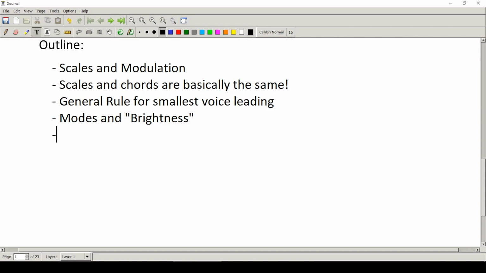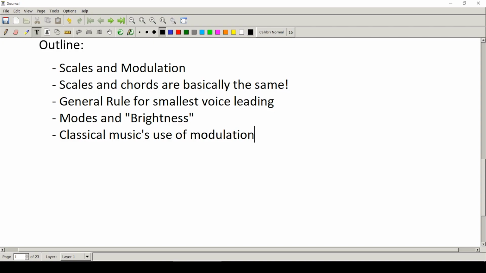And then finally, if there's time, and frankly I think there may not be time, I'd like to talk about how classical music uses modulation. In particular, how it uses voice leadings between scales to shape the overall form of a piece of music.